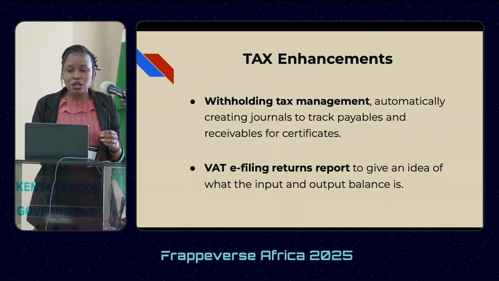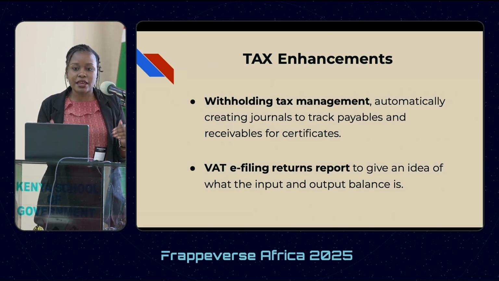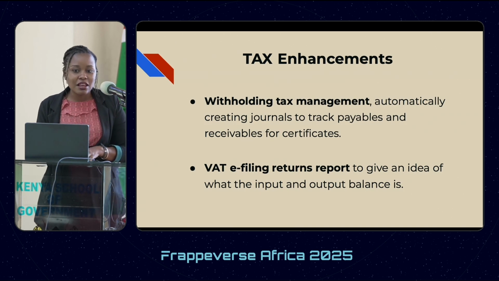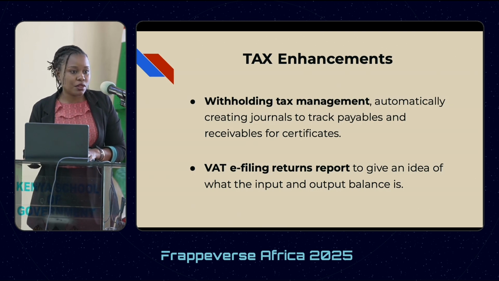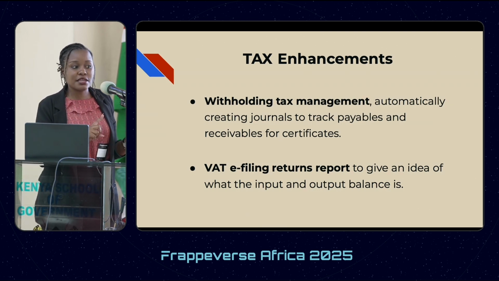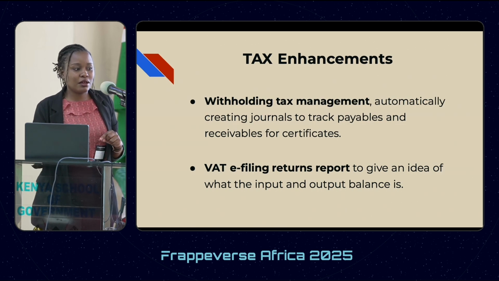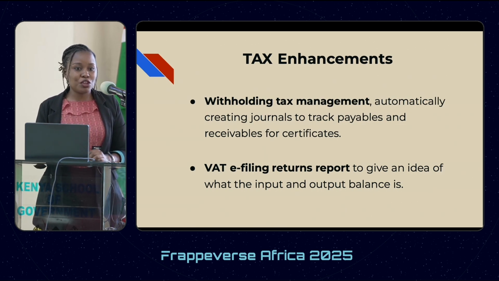This was very good because it simplified the process of continuously tracking all your sales and purchases and having to create journals for them. There's already a journal created that is linked to the invoice, and you can just follow up and submit it when you're ready.